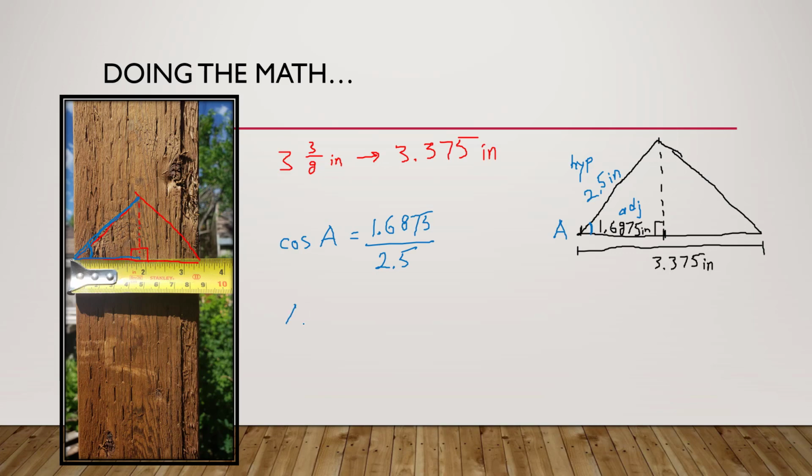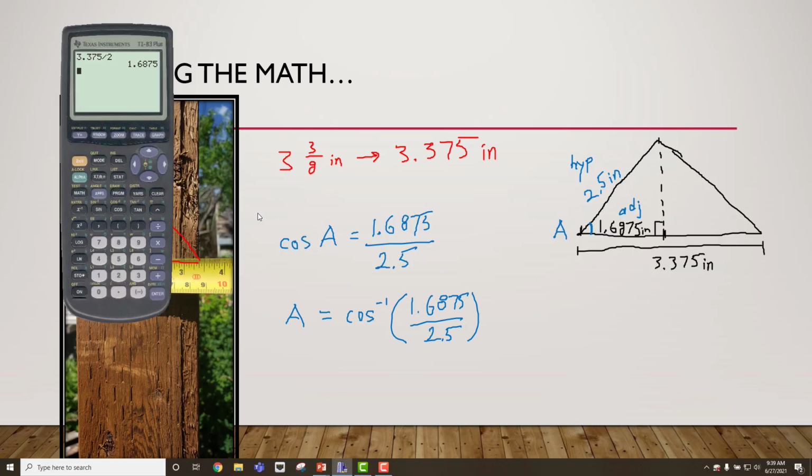So if I take the second function of cos, I will get my angle. So second function cosine, 1.6875 divided by 2.5, 47.5 degrees.